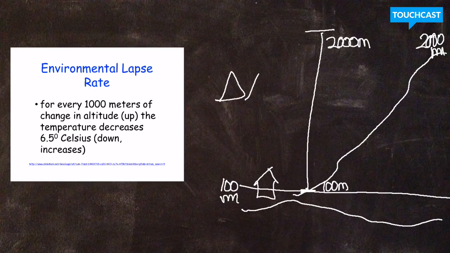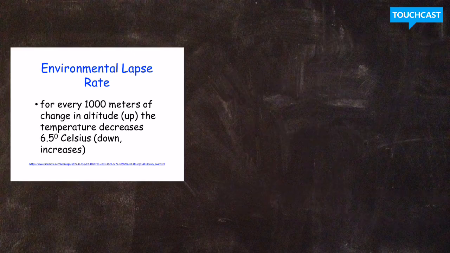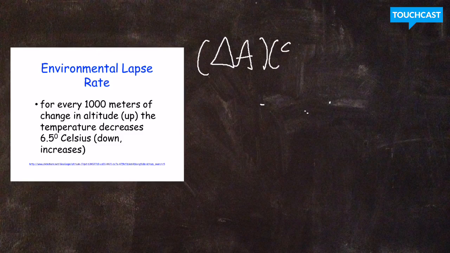So my change in altitude equals 2,000 minus 100. So my change in altitude equals 1,900 meters.